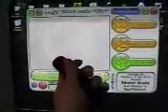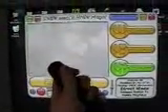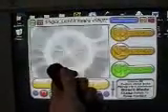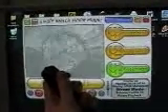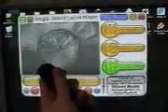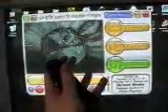Okay, so direct activation means that when I depress the switch, the music will start to play right away. And I'm continuing to keep the switch closed at this point. When I release the switch, the music will stop.